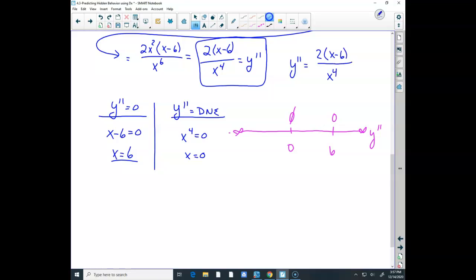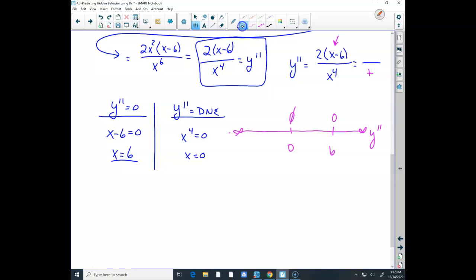When I'm testing these, picture it: the denominator, no matter what value of x I put in, because it's an even power, is always going to be positive, and this 2 is always going to be positive. So what value I put in for x is going to control whether the top is positive or negative.